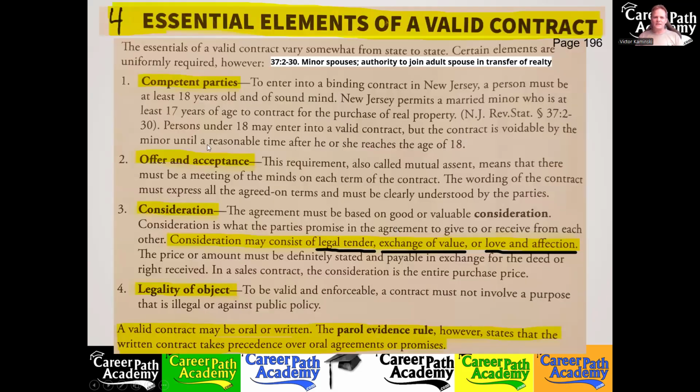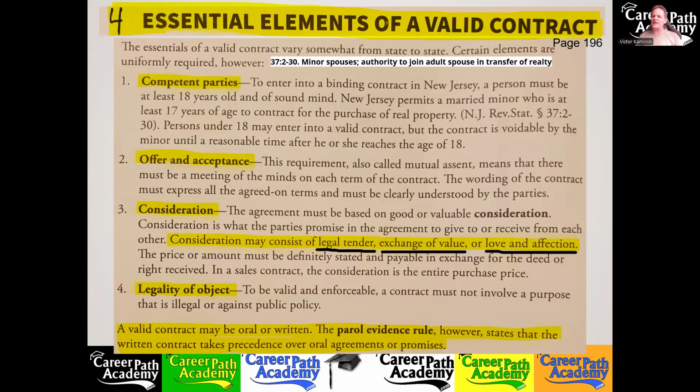So once again, four essential elements of a valid contract: competent parties, offer and acceptance, some form of legal consideration like legal tender, exchange of value, or love and affection. And no, they're not talking about prostitution. They're talking about a gift between relatives. The parent gives the child something, in exchange, they just have love and affection for each other.